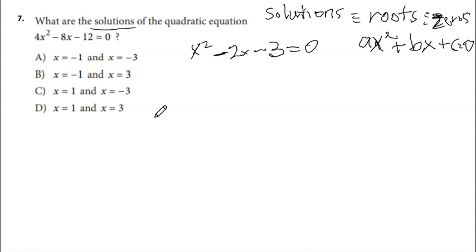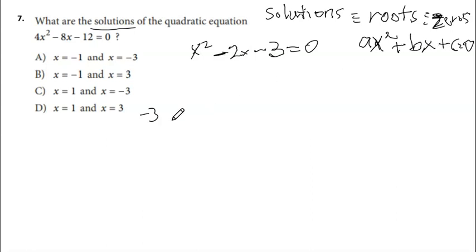So we have, let me write it somewhere, minus 3, right? The second step is to find 2 factors of this product, which is the minus 3, such that when you add them together, it's going to be equal to the coefficient of x, which is the b here, right?